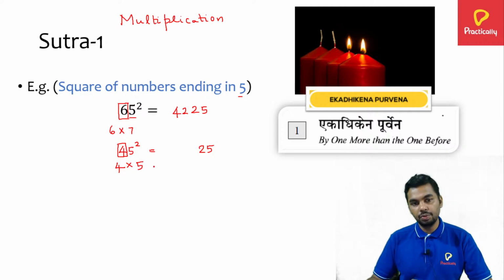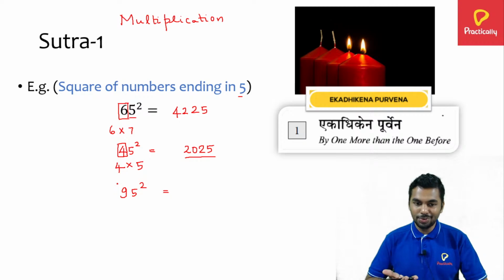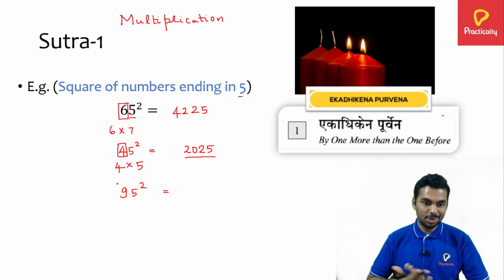What is 4 multiplied by 5? The answer is 20. So the final answer is going to be 2025. Just to check your curiosity, I'm going to ask you once more: what is 95 squared? This time try to give the answer within 15 seconds, because the answer is going to be very easy.